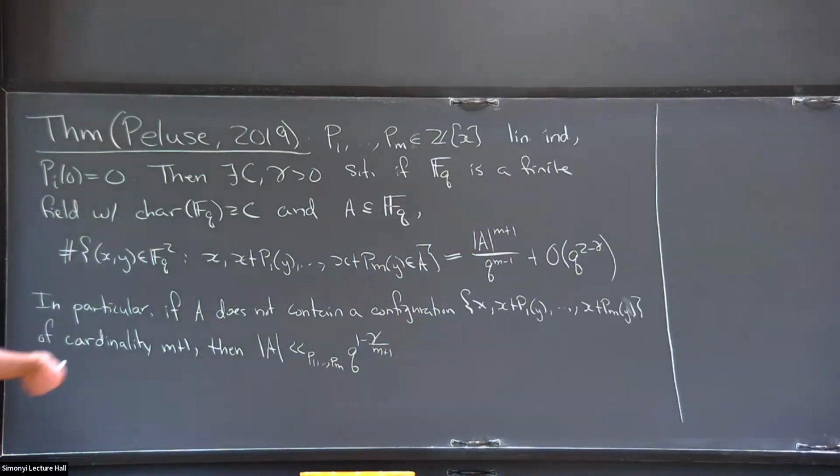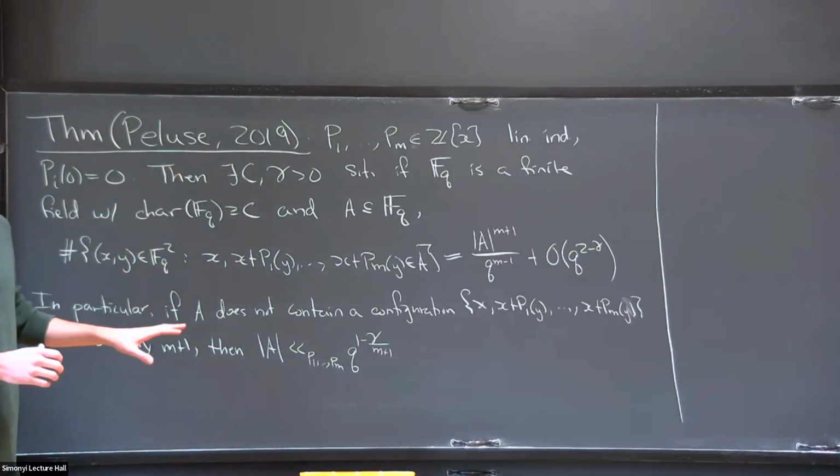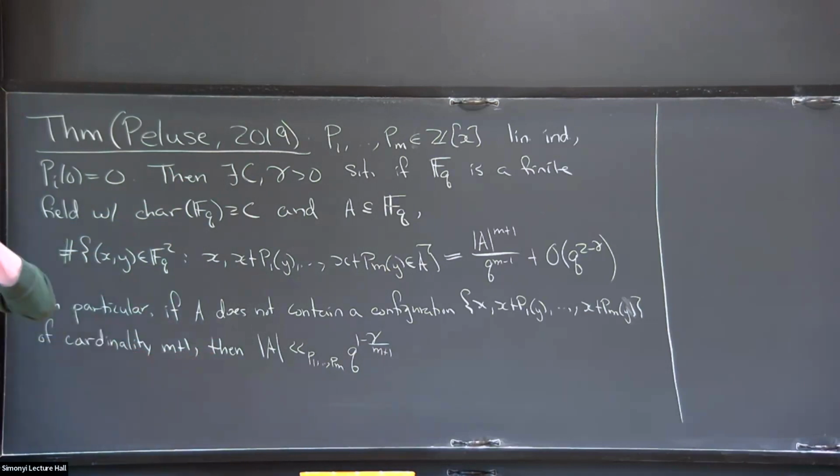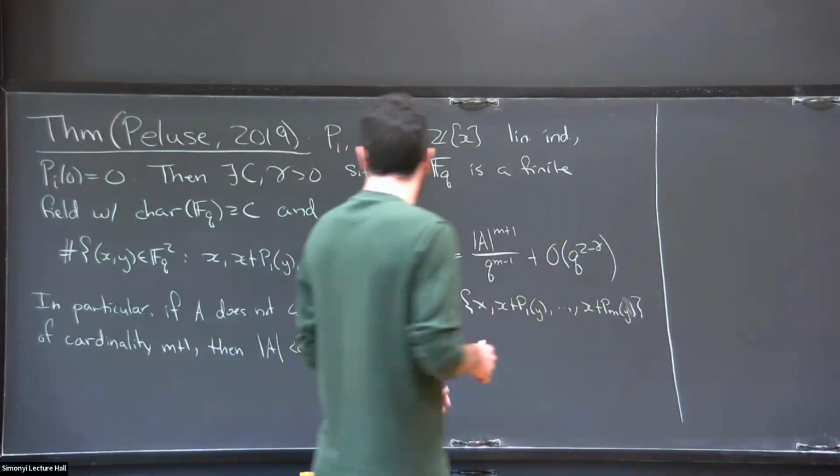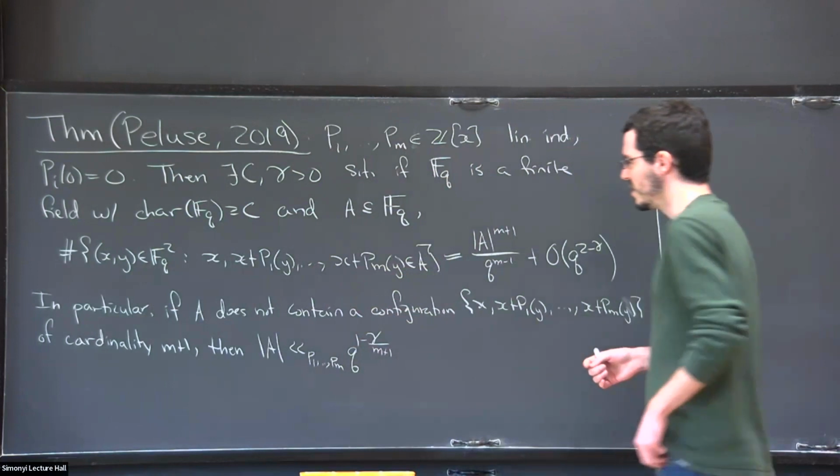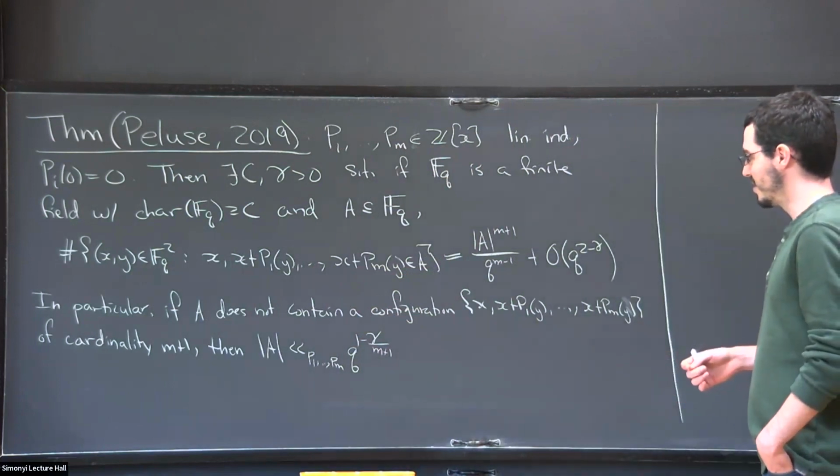So what I want to start by doing is explain maybe how you can guess this result from some things that are known dynamically, and then using other dynamical results as a guide, get more combinatorial results over finite fields. As written here, it maybe doesn't quite look like ergodic theory.